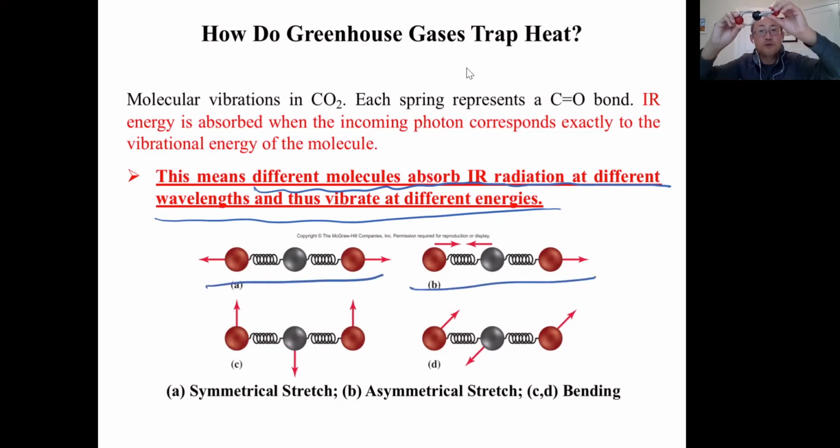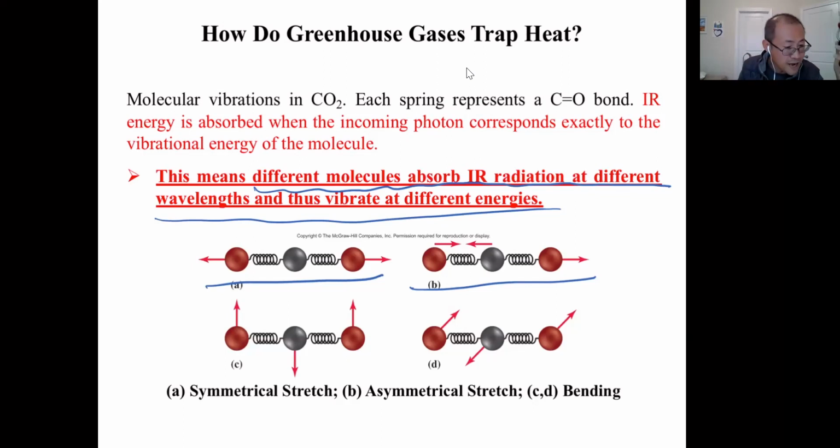And of course, if you don't stretch but cause the molecule to move like this, not along the axis of the springs, we call that bending vibration.